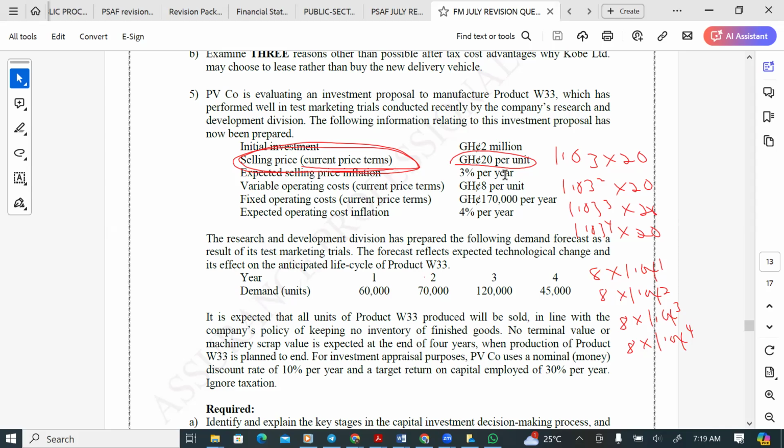If you come to the fixed cost, which is 170,000 per year in current terms, you have 170 multiplied by 1.04 exponent 1, 170 multiplied by 1.04 exponent 2, 170 multiplied by 1.04 exponent 3, 170 multiplied by 1.04 exponent 4.